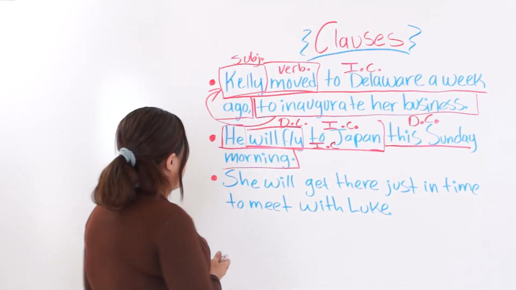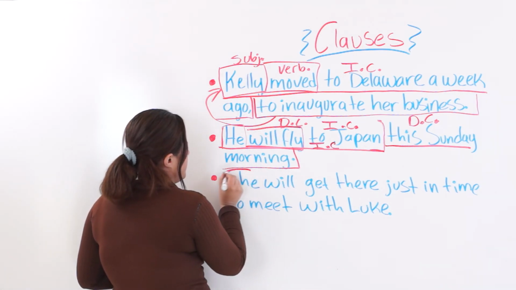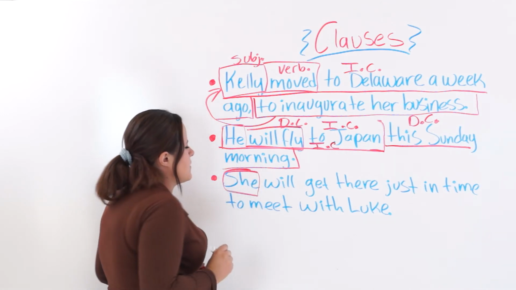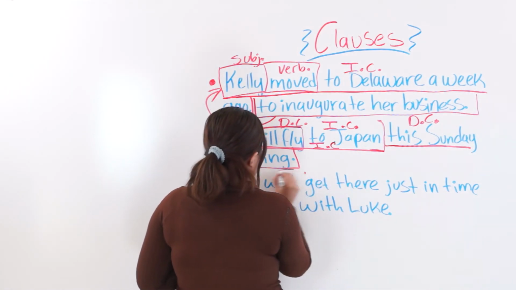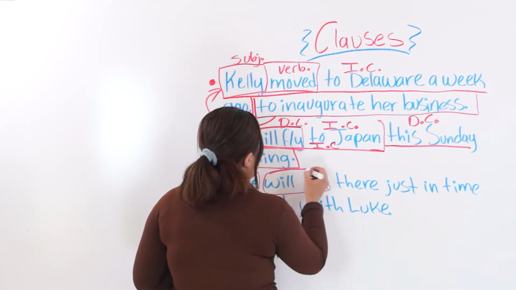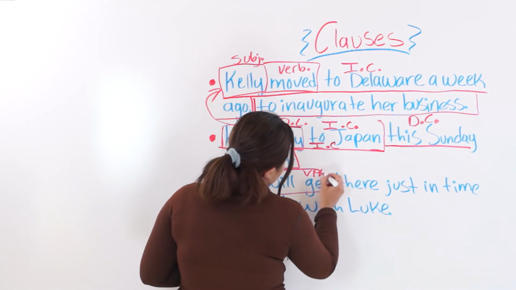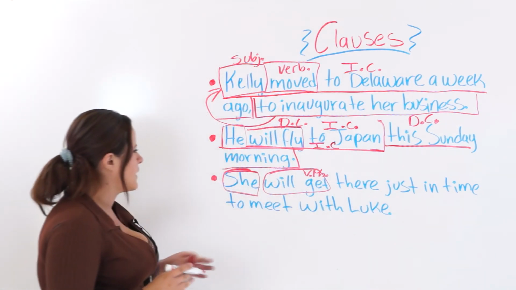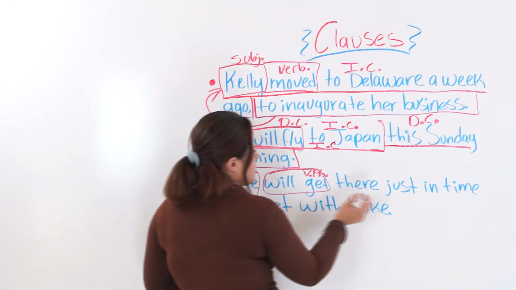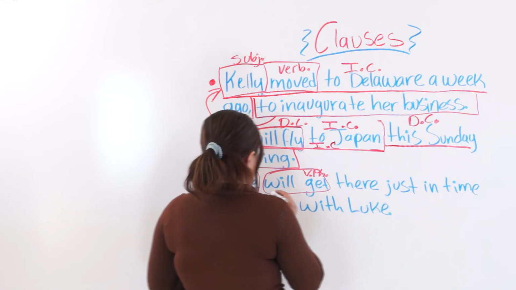She will get there, okay? So, she, we have our subject, will get, we have our verb phrase. She will get there just in time.